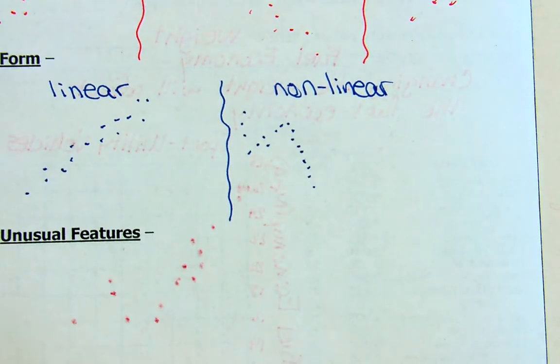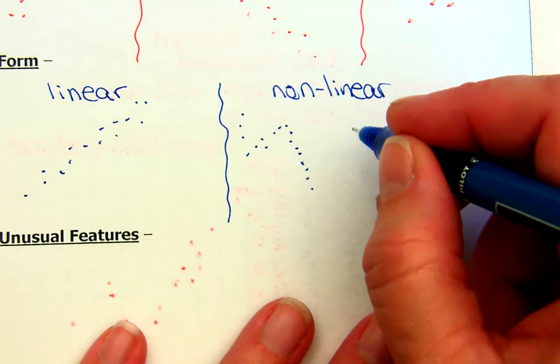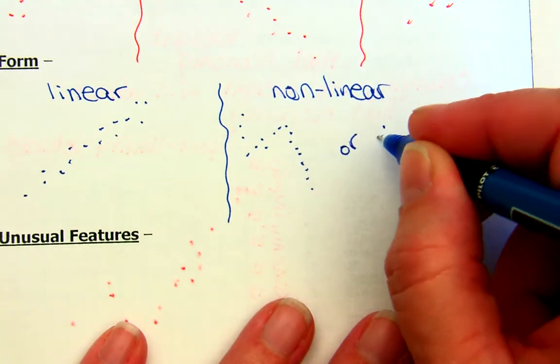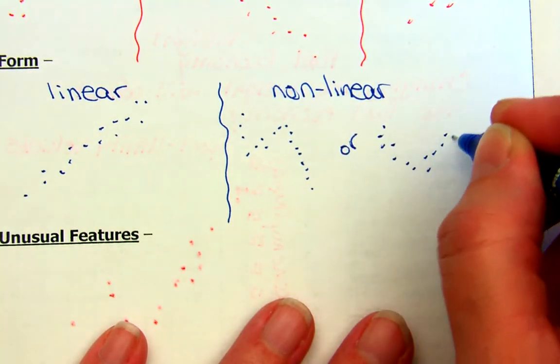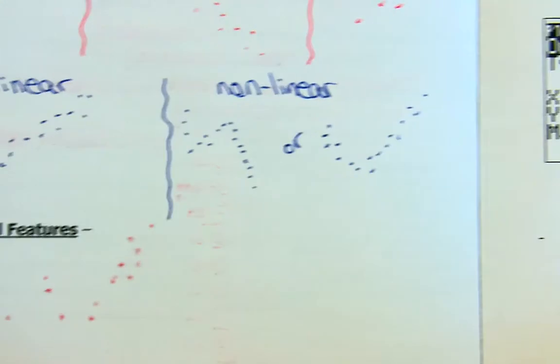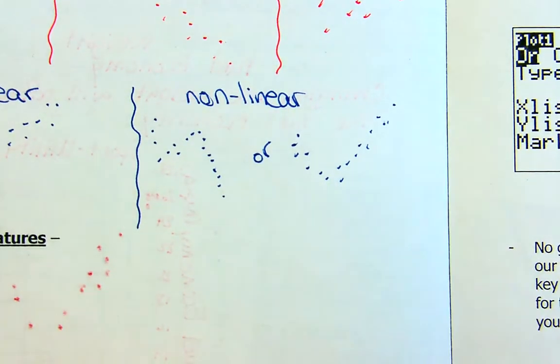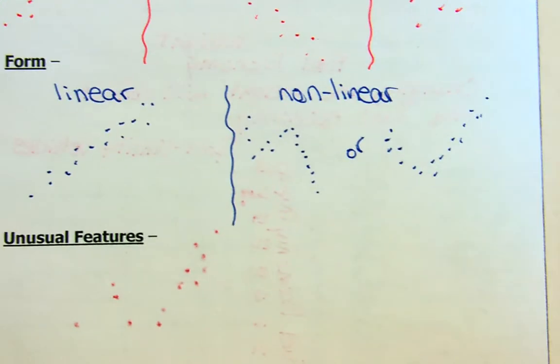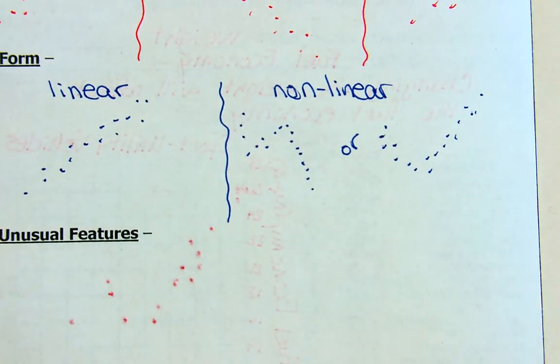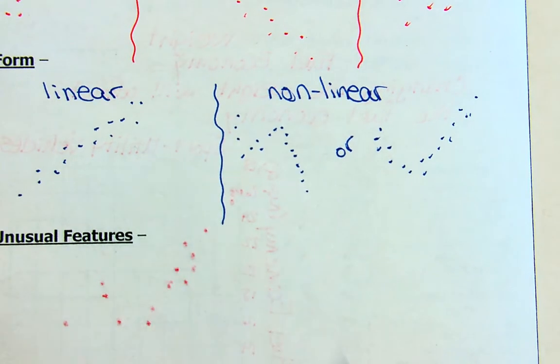It's all like curvy looking. It may be maybe something like that, where it just looks like kind of a parabolic curve. Something where it's not a line. Okay, so any kind of non-linear look. So when we're looking at a scatter plot, we're going to say it's either linear or non-linear. That's as specific as we have to be. You don't have to say what type of non-linear.